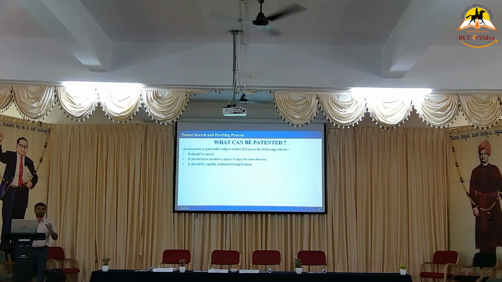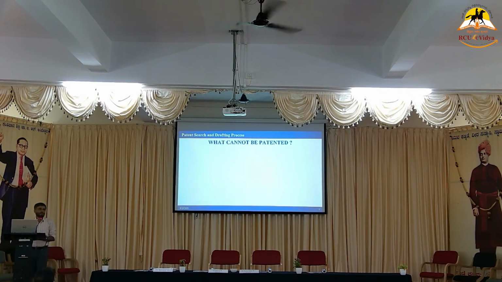People will come with a very big, fantastic concept which cannot be manufactured at all. It should be easily manufacturable also. Whatever idea or concept you have, it should be easily manufacturable. If it cannot be manufactured, it is a waste, it is like a tree. So whatever concept you have, it should have an inventive step and it should be easily manufacturable.